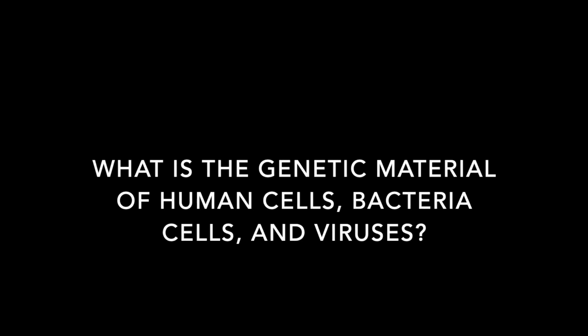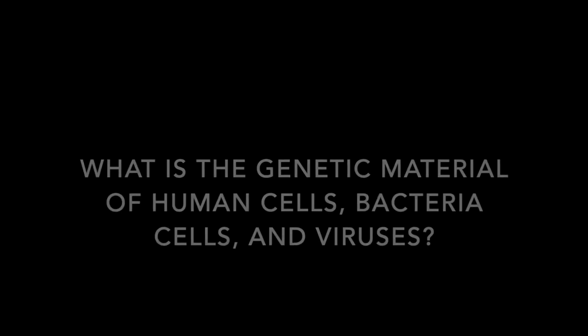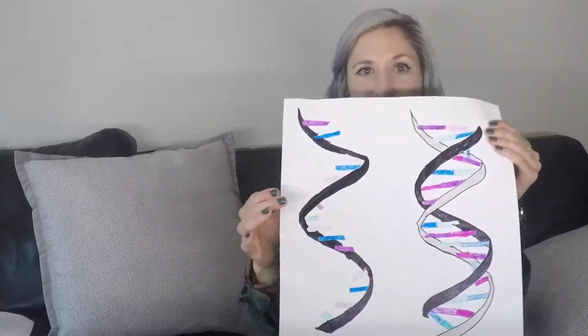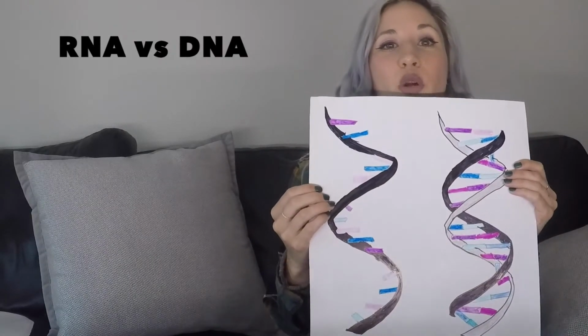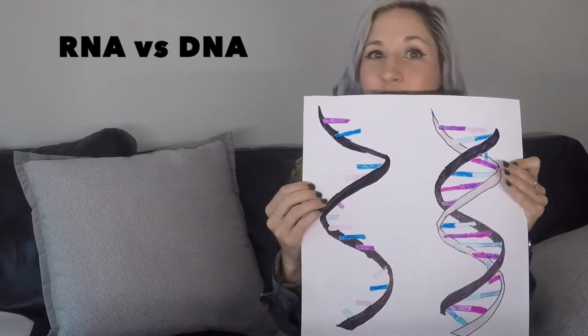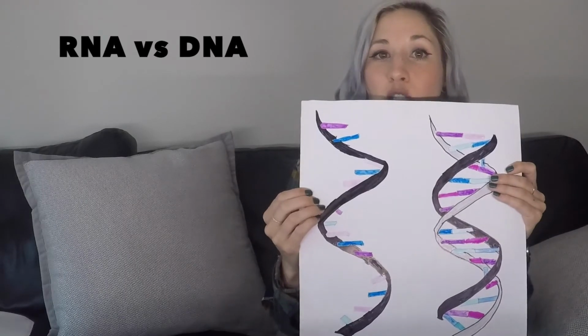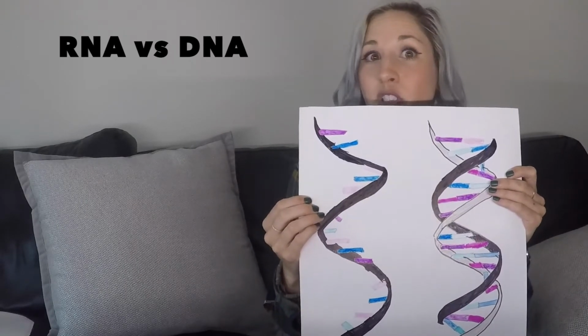Crazy, right? Well, viruses also differ from human cells in their genome. Human cells use DNA as their genetic material. But viruses, some of them use RNA. So I've drawn a comparison of that too. Here I am showing you double-stranded DNA, which makes up the human genome and also the bacterial genome.